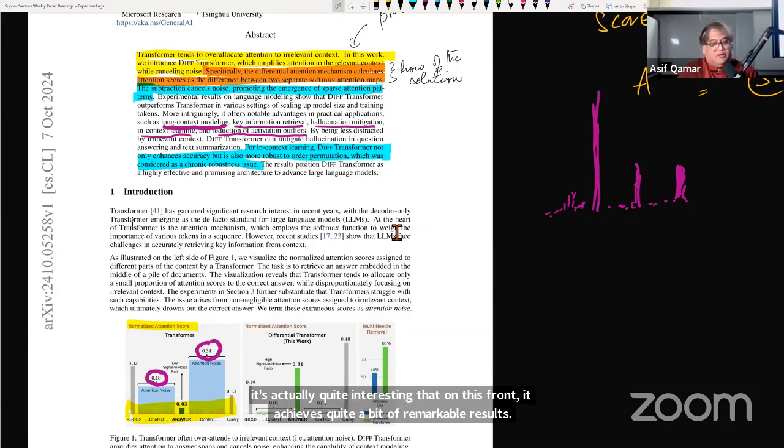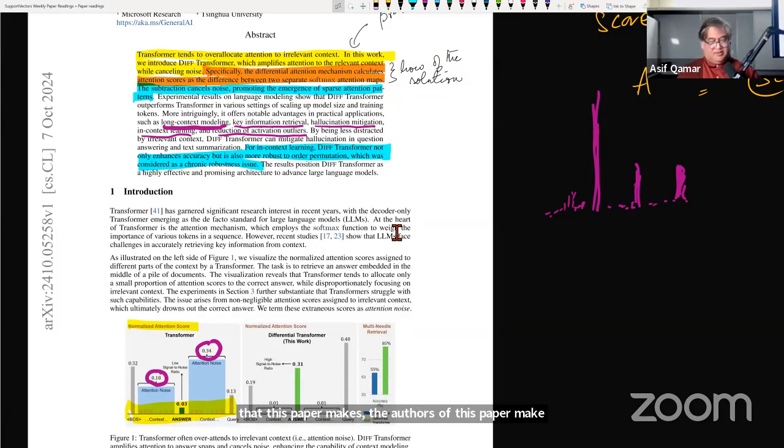So obviously, with all of these advantages, the last point they mentioned is quite convincing. The results position Diff Transformer as a highly effective and promising architecture to advance large language models. So that's a summary claim that the authors of this paper make. Right, so let's go through this paper carefully.